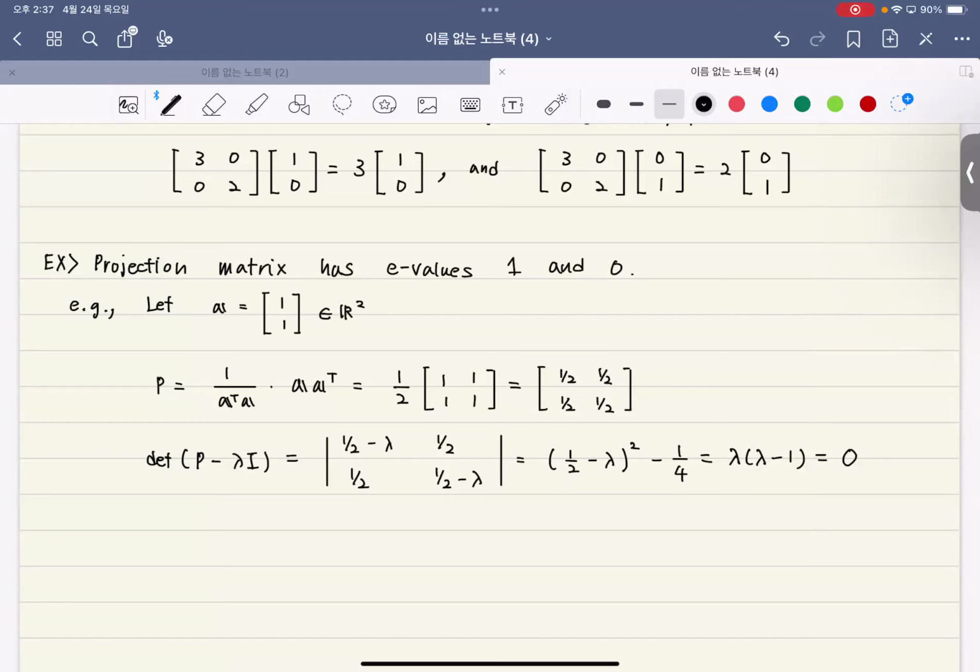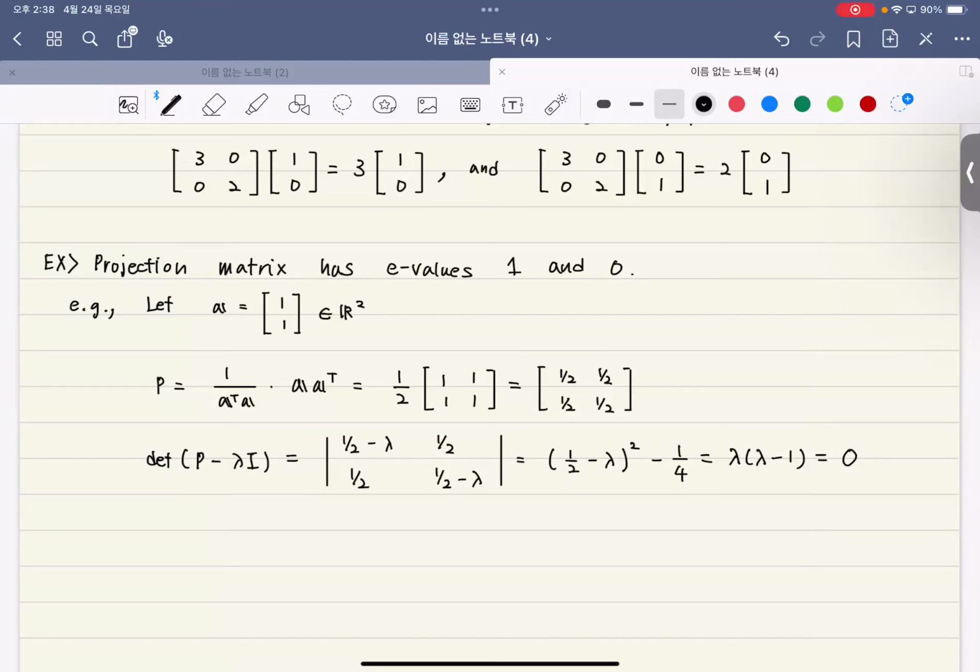On the other hand, what about a vector that belongs to the orthogonal complement of this subspace? Suppose that you multiply this vector by the projection matrix. If you multiply P times this vector, then the answer is the 0 vector.